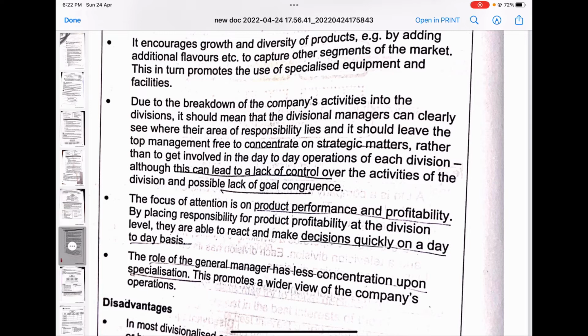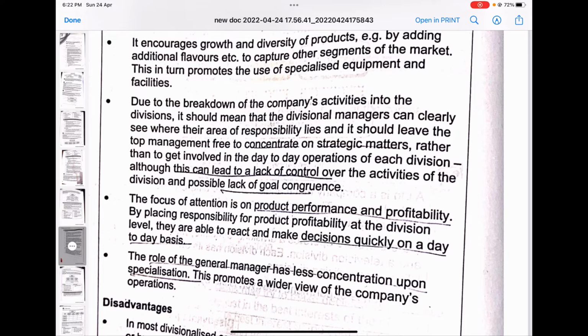The focus of attention is on product performance and profitability. By placing responsibility for product profitability at the division level, they are able to react and make decisions quickly on a day-to-day basis. The role of general manager has less concentration upon specialization. This promotes a wider view for the company's operations.